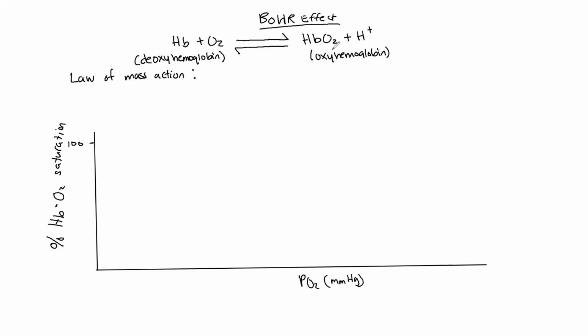Okay, so in this scenario, if we have more acid, more of our product, we're going to drive the reaction to the left. Okay, so increased acidity or increased hydrogen ions, which is synonymous with lower pH, drives our reaction to the left.